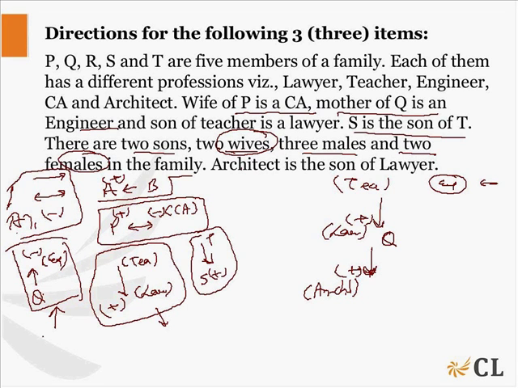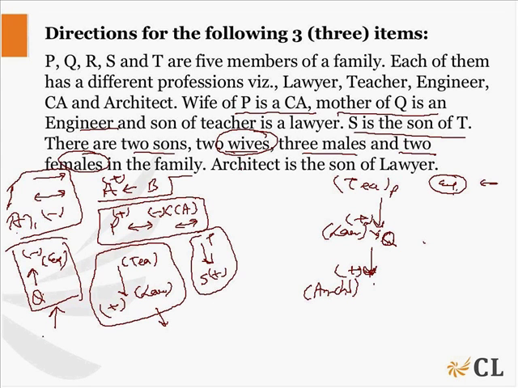But P and CA, P's wife is CA, I will put her here too because I cannot put P here, since this is a male. Q is a male, so I cannot put P here. If I put P here, his wife becomes CA. But according to this, she has to be engineer. Okay, that means my assumption that Q is there is wrong.